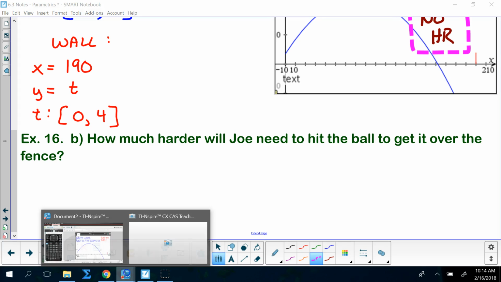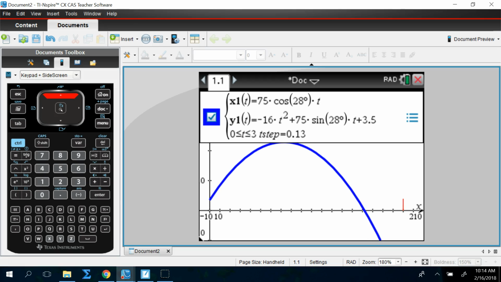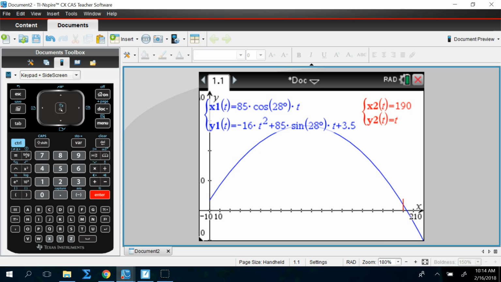So what number am I changing on here? I'm changing that 75, that speed, right? So I go up here and change it to 85. Got to change them both. If I change it to 85, did he hit a home run yet?